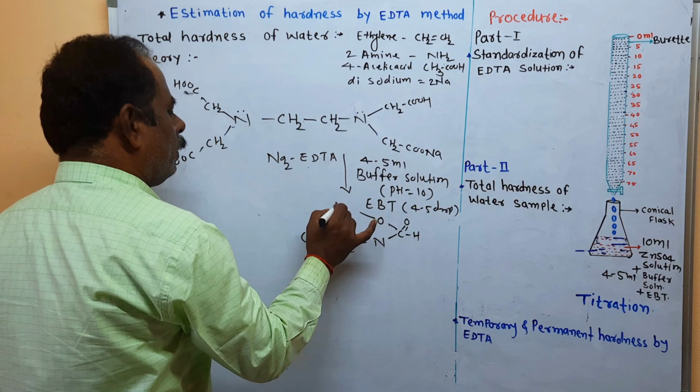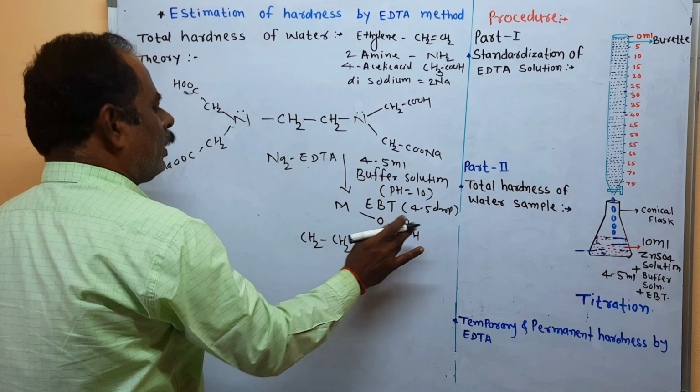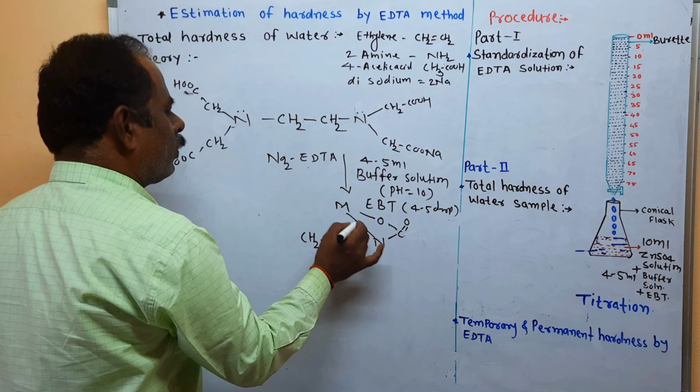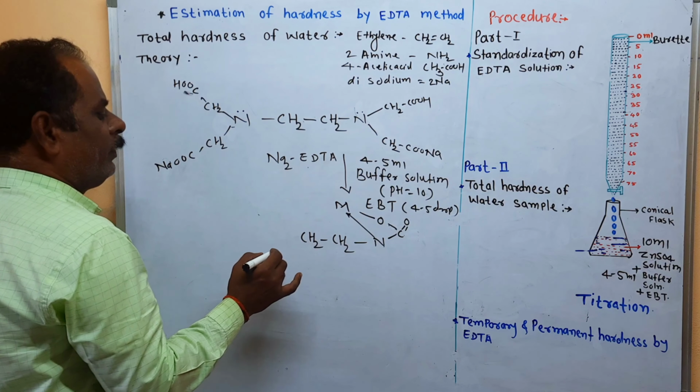The oxygen atom of the carbonyl group forms a bond with the metal, and the metal forms a coordinate covalent bond with a nitrogen atom.